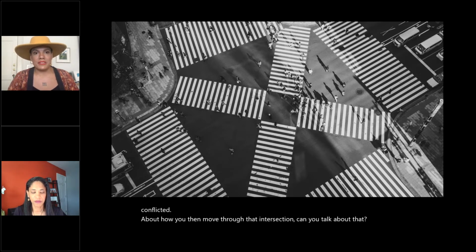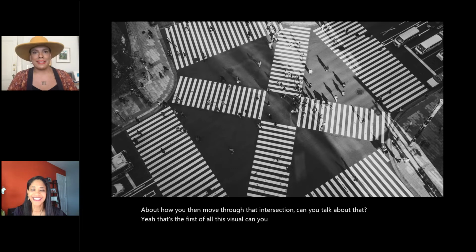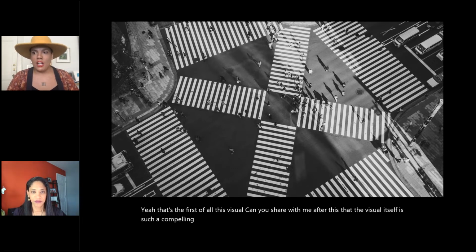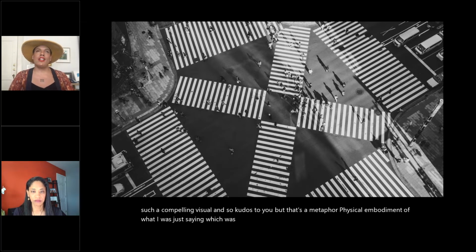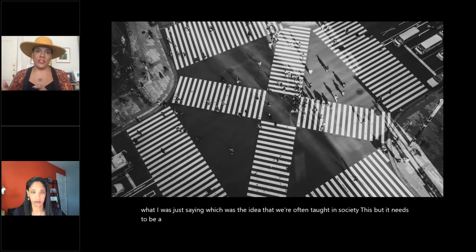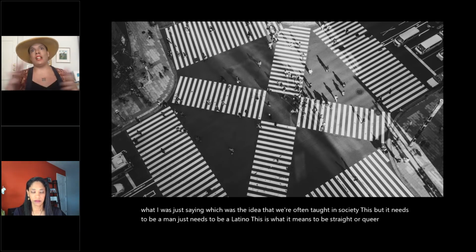Yeah, first of all, this visual, can you share with me after this? Because the visual itself is such a compelling visual, so kudos to you. But yeah, it's such a metaphoric, physical embodiment of what I was just saying, which was the idea that we're often taught in society, this is what it means to be a man. This is what it means to be a Latino. This is what it means to be straight or queer, right? Or disabled, non-disabled, right?